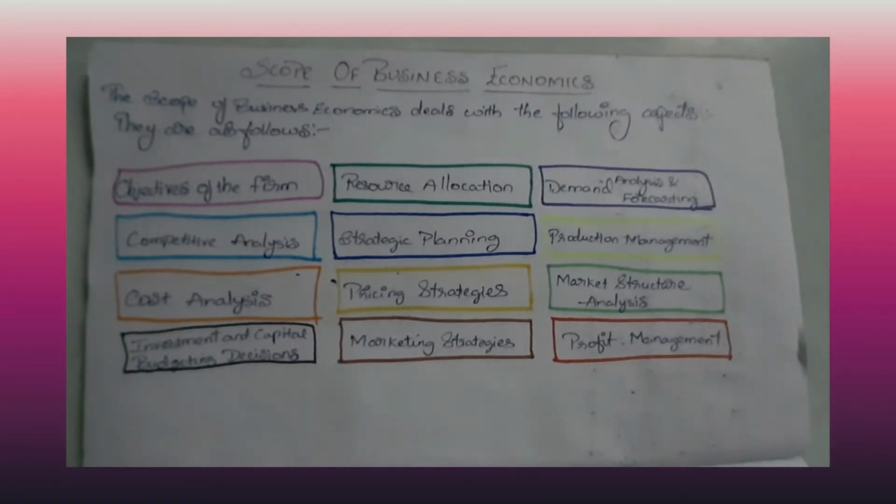Let me clarify. Short term examples are sales, demand, profits. But as long term, what can we tell? It's goodwill and how they want to succeed in their business and get a reputation in the market. Do you agree with me? I hope you understood what the objectives of the firm are.